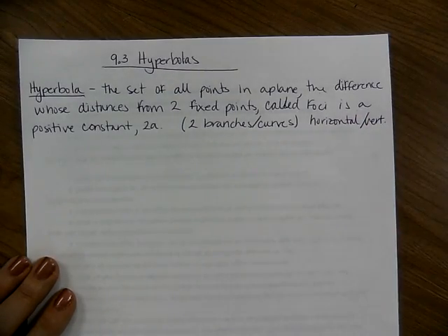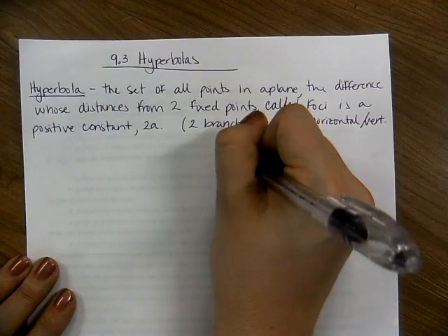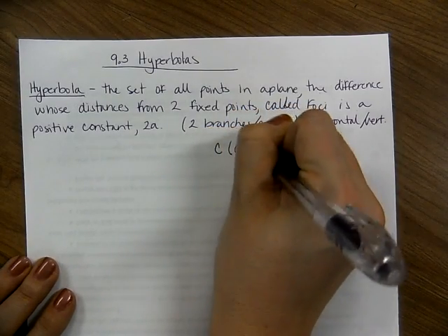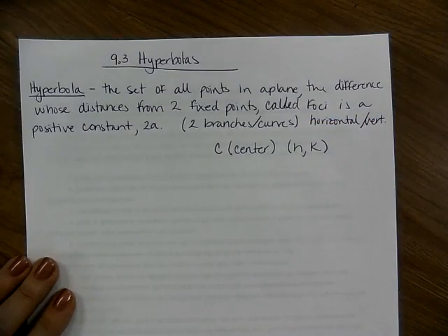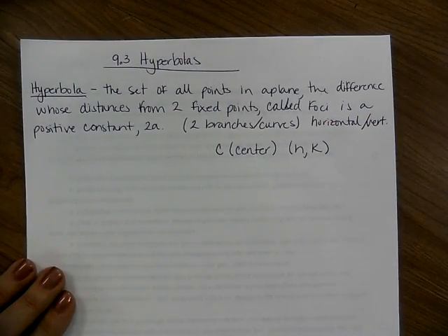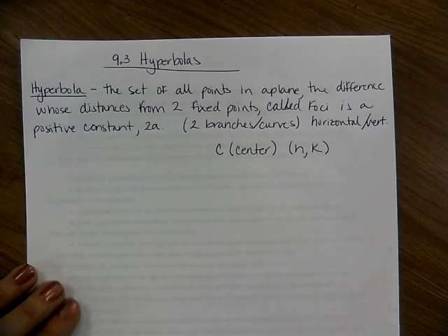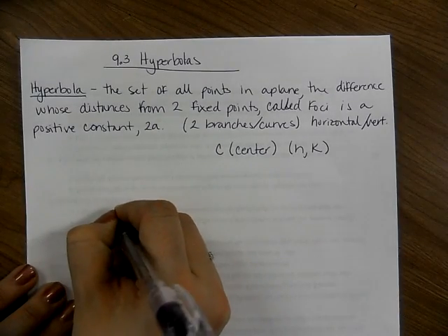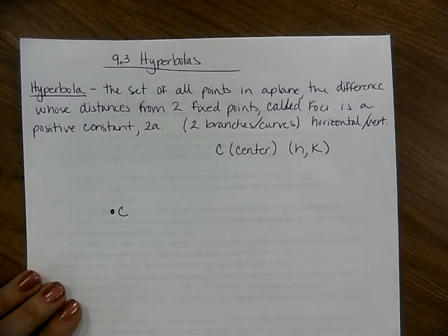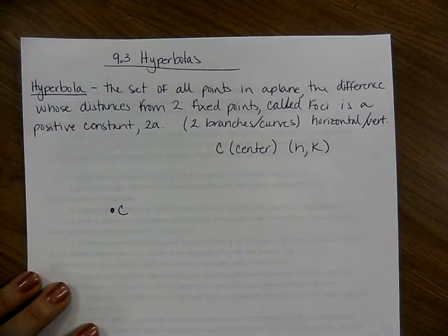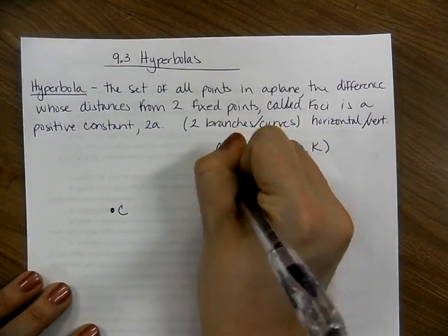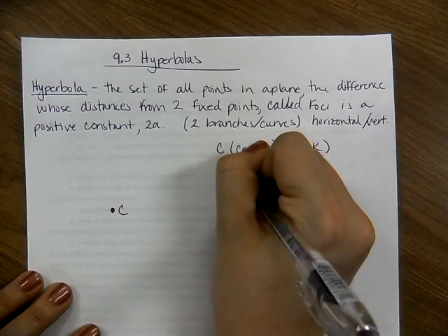Okay. So the first thing we're going to have is the center, and we're going to label it with a C, and it is also going to be HK, just like it has been for every single one we've talked about so far. So let's pick a point and just label it with a C. Okay, so then you're going to have vertices.